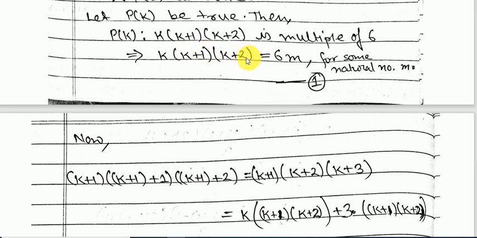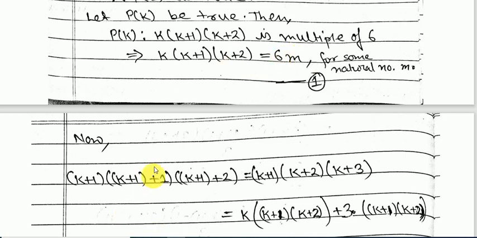In that way we can replace that term by 6m. That's why this equation is important for you. Here we assume that the statement is true for k. That means it is a multiple of 6, that means 6 times some natural number.